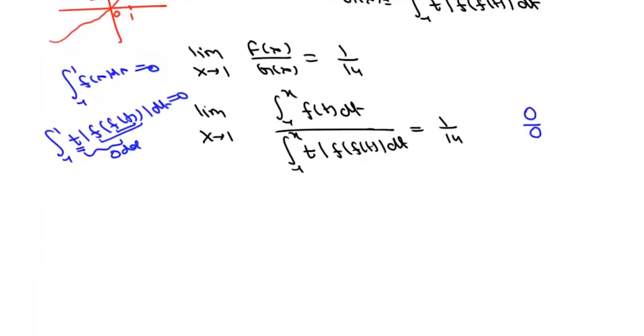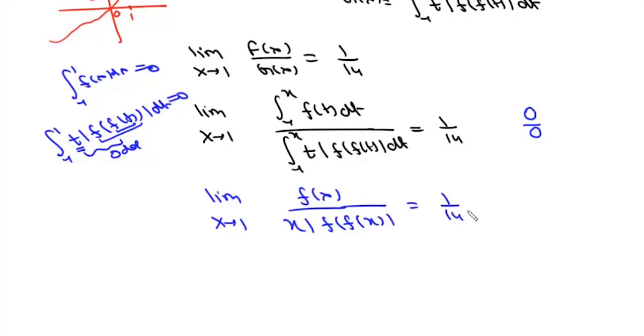So if we differentiate this, we can write this as the limit x tends to 1 of f(x) upon x into mod of f(x), that is equal to 1/14. Now if we put x as 1, we write this as f(1) upon mod of f(1), that is equal to 1/14.